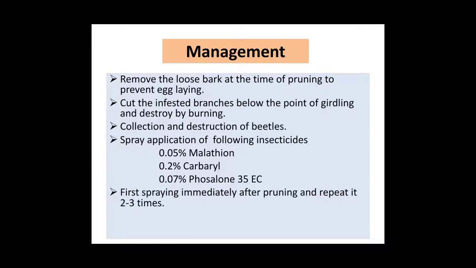First spray immediately after the pruning and repeat it 2 to 3 times. So this is the management of the grape stem girdler. So this is all about the third and most important pest of the grapes, that is stem girdler.